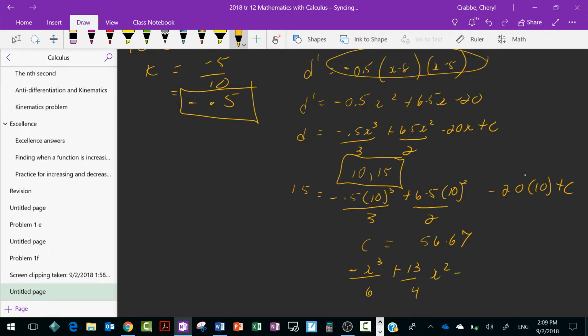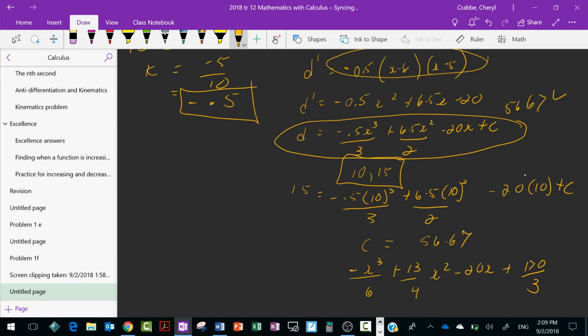So you can go 56.67. The answer key does 170 over 3. But basically, you're just going to take this expression and you're going to throw in plus 56.67 to get the right answer.